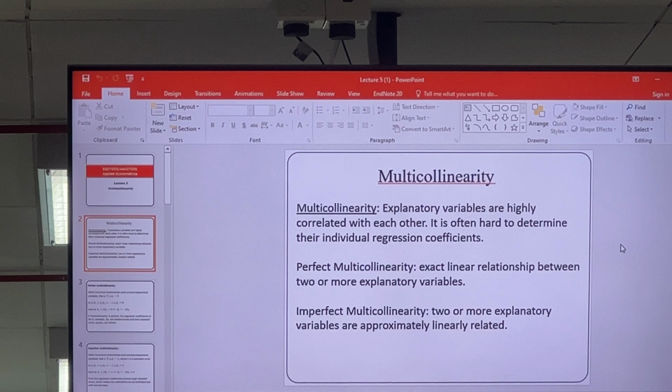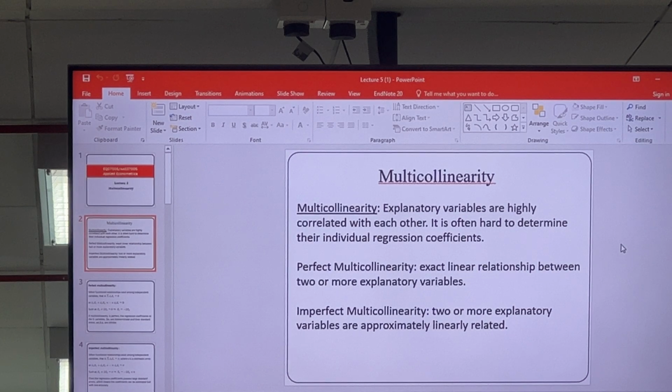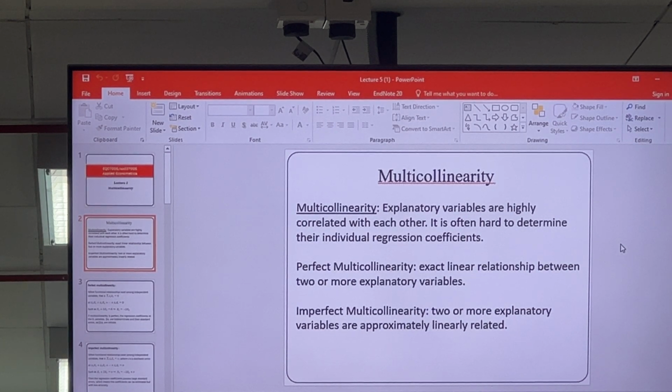We have two types of collinearity: perfect multi-collinearity and imperfect multi-collinearity. Perfect collinearity refers to a situation where we have an exact linear relationship between two or more explanatory variables.